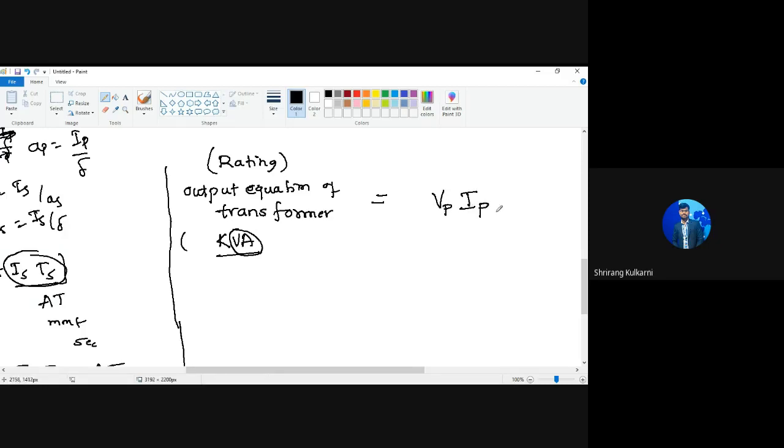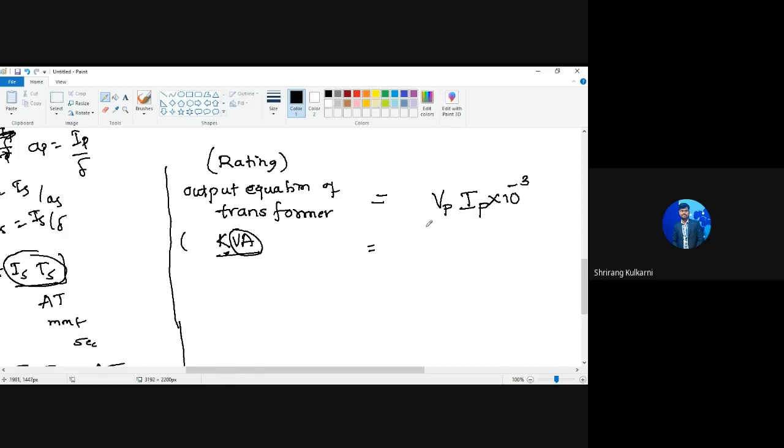Primary voltage and primary current I am using. To make it kilovolt, multiply by 10 to the power of -3. It is for a single phase. It is VP IP into 10 to the power of -3.